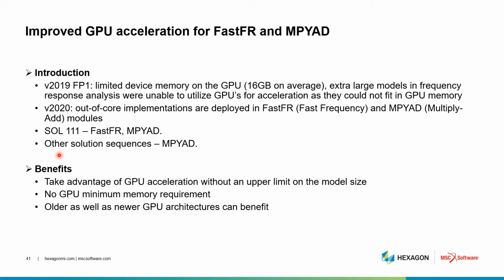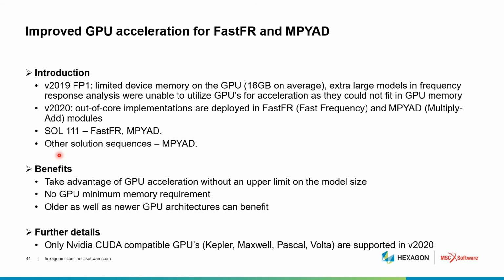So you can take advantage of GPU without the upper limit on the model size, and no GPU minimum memory requirement, there's no bottleneck for that. And then older as well as newer GPU architectures can benefit. So only NVIDIA CUDA compatible GPUs are supported in version 2020. So just keep in mind about that.